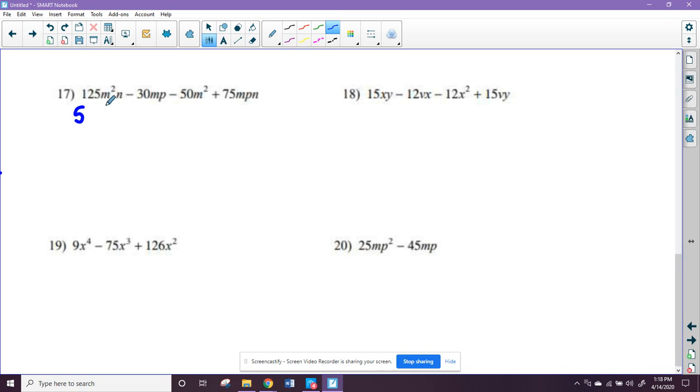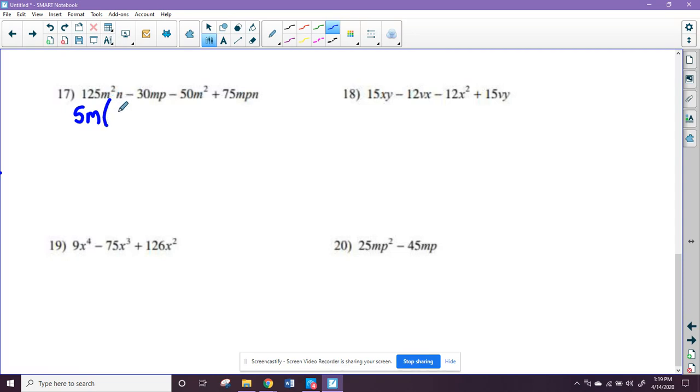What about our variables? What variable do we have in all 4? We have an m here, an m, an m, and an m. We have an n, but we don't have any n's over here. So we can only take out one of our m's. So our greatest common factor is 5m. We factor that out.